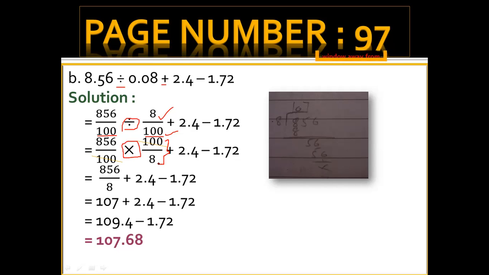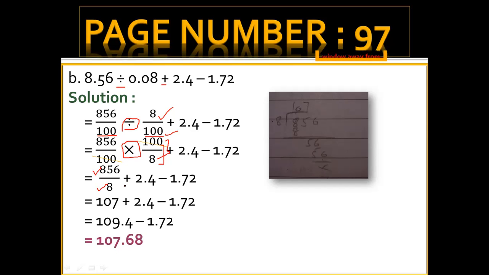Reciprocal means the numerator will be interchanged with the denominator. Now the fraction 8 over 100 will become 100 over 8. 856 over 100 multiply 100 over 8. 100 and 100 will be cancelled because they are both the same. And we have left 856 over 8.